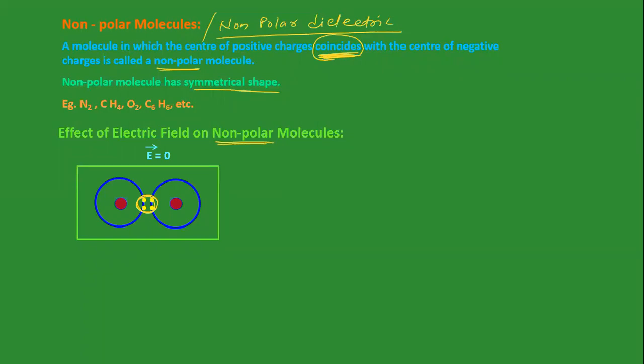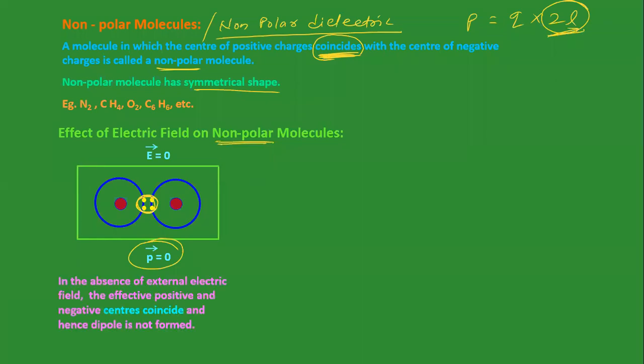A dipole is produced when positive charge and negative charge centers are at different points. Dipole moment is Q into 2L, where 2L is the distance between the two charges. But here both centers are at the same point, so dipole moment is zero.